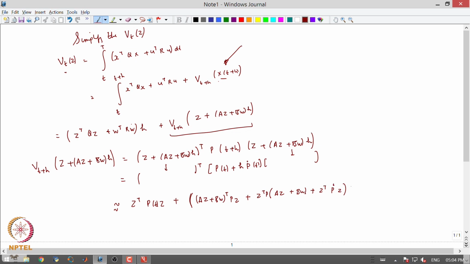I am only taking the terms which have a common factor of h, and then you will have something of h squared, which I will ignore, because h is really small. So, I can ignore these terms.